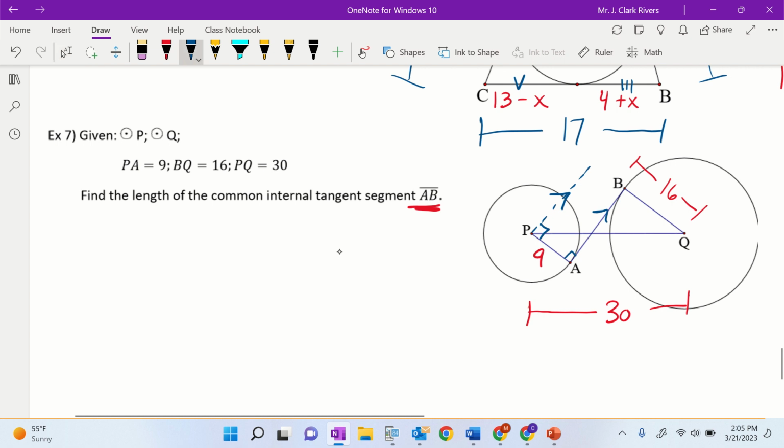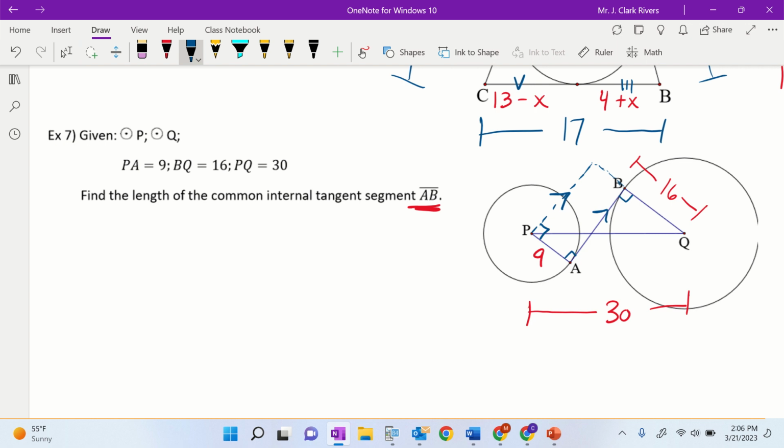Now I'm also going to extend QB out. And when I extend QB out, these two are going to meet. Keep in mind that we have a right angle here where the radius meets the tangent line at the point of tangency.